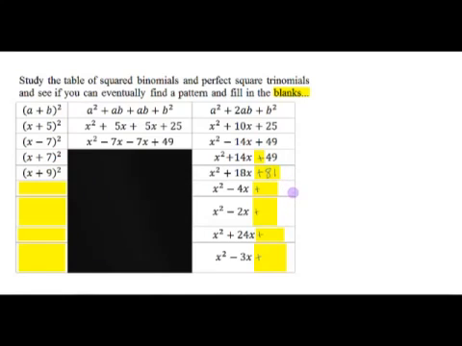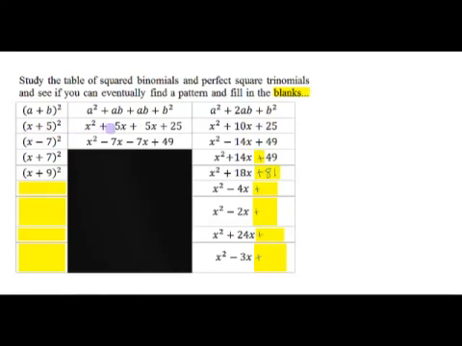Alright, now let's come up with a way that we can make what are called perfect square trinomials and then figure out how they factor. So if I wanted to make this a perfect square trinomial, we need to decide how this number is related to these other numbers without knowing what's over here. So let's observe this. How is 25 related to 10?